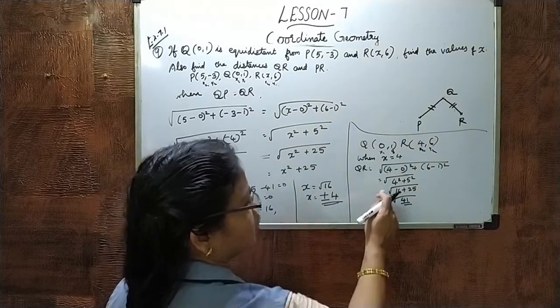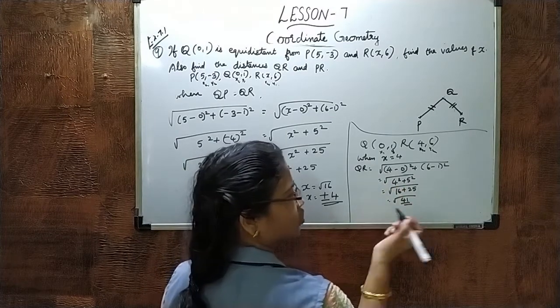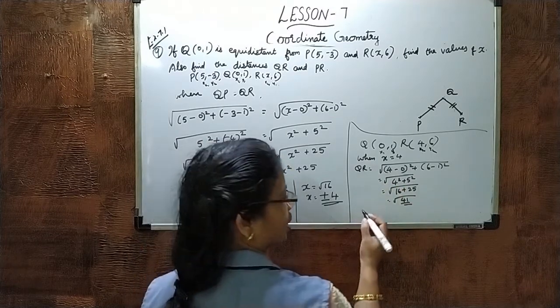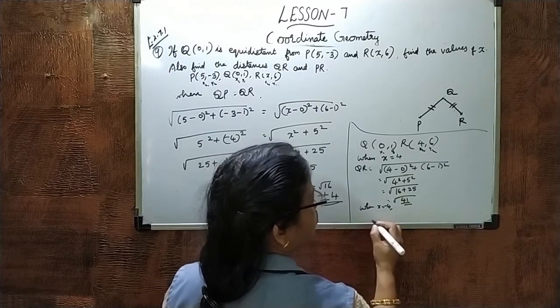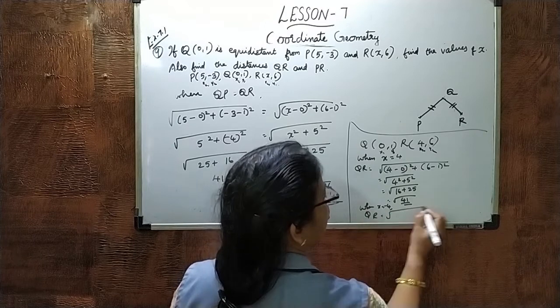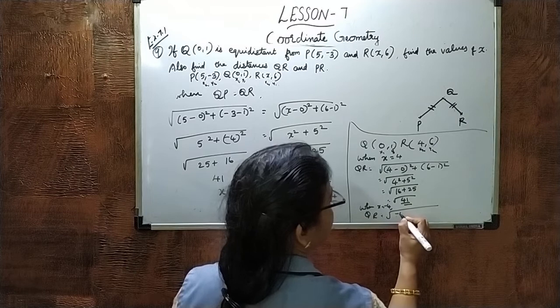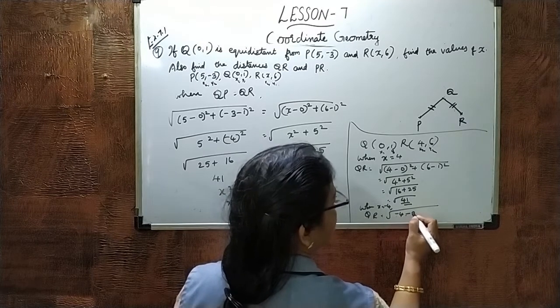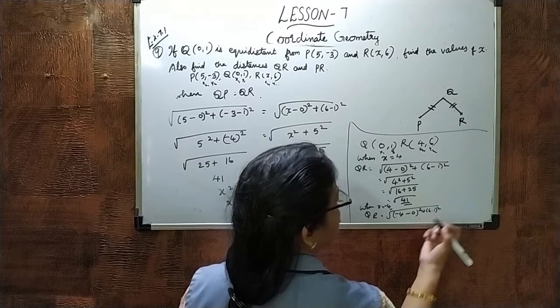When x is negative, -4, what happens? It will be the same thing. You will get -4 square, it will be 16. So if you want, you can write when x is equal to -4. So QR becomes root of, instead of 4, we are going to substitute -4: -4 minus 0 the whole square plus 6 minus 1 the whole square.